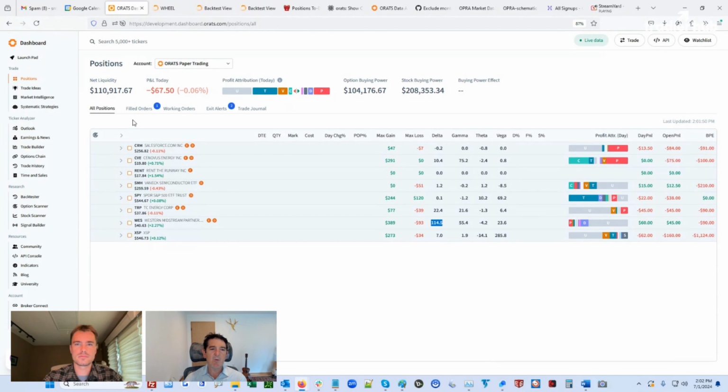So, SPY, everyone knows SPY. It's an ETF. It has American style options on it. People don't usually say American style options because probably 95% of options are American style, which means it can be exercised at any point in the life of an option.